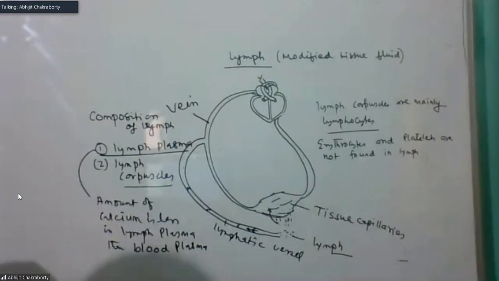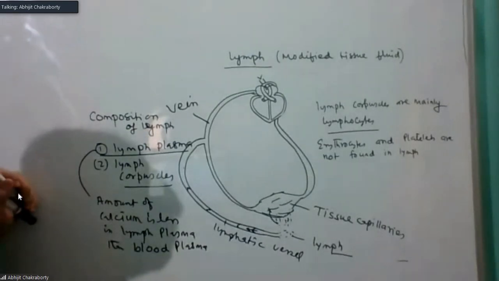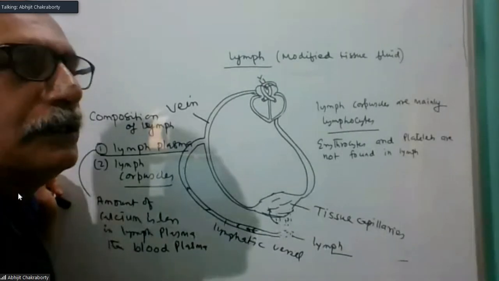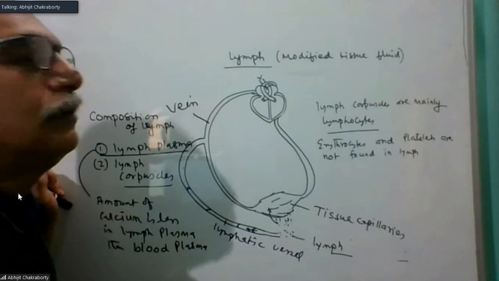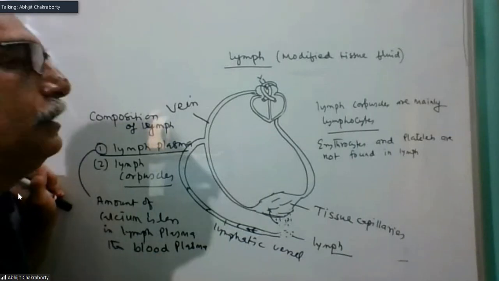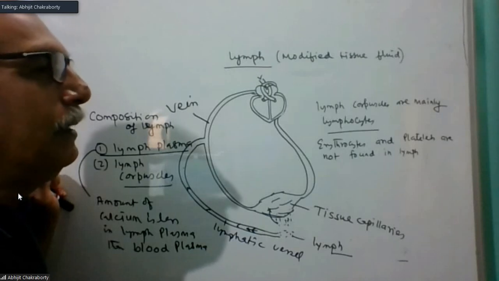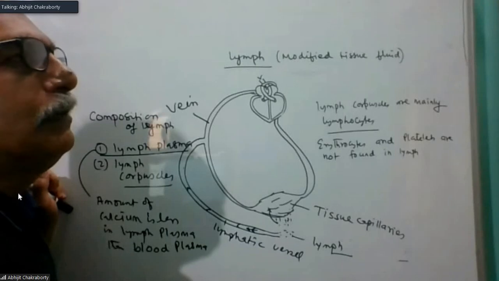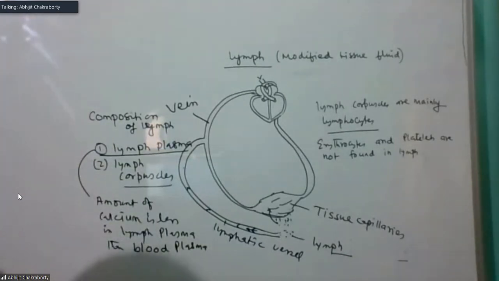So, what is the function of lymph? Lymph carries nutrients and oxygen to those areas of the body where blood cannot reach. And secondly, lymph also carries excretory products and carbon dioxide from those parts of the body.